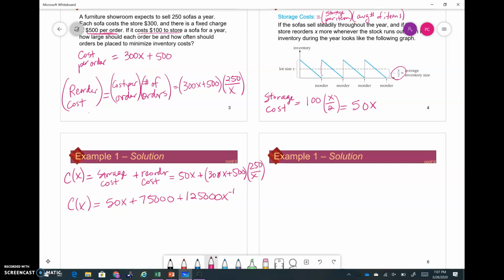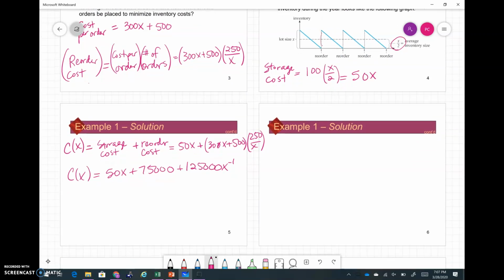Again, this is the function that we want to minimize. So this is the function that we're going to take the derivative of. All right, so I want you to pause the video, take the derivative, find that minimized value, and then come back and check your work.